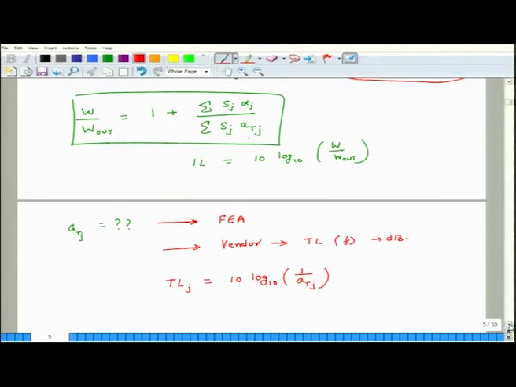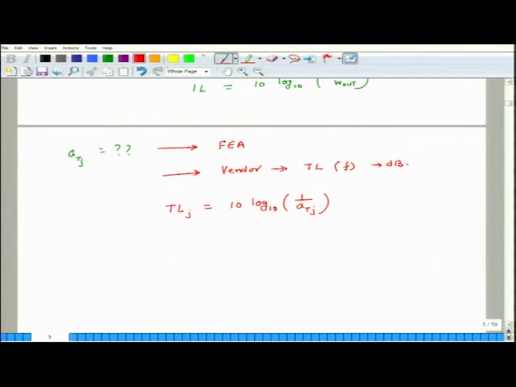So, if we have to calculate ATJ, what do we do? ATJ is equal to 10 to the power of minus TL divided by 10. This is for the jth surface. So, it is minus transmission loss for the jth surface divided by 10.